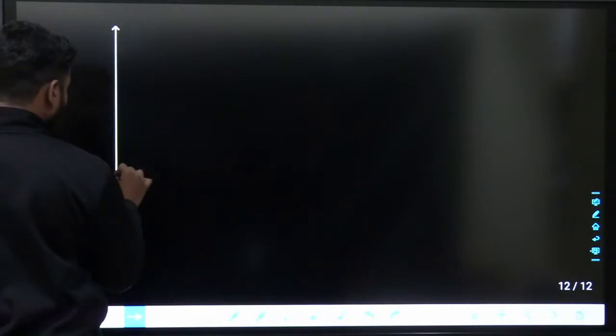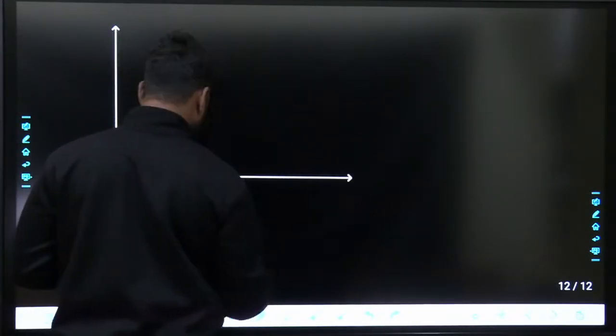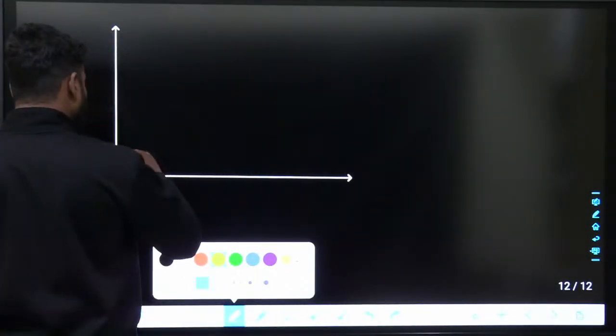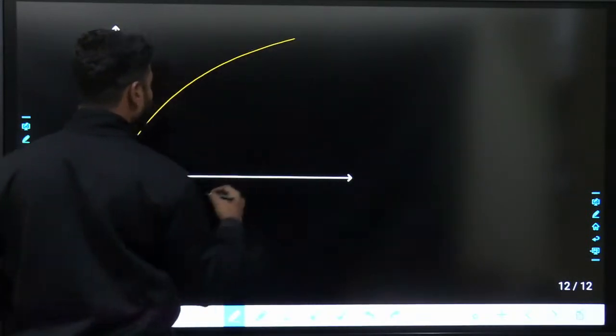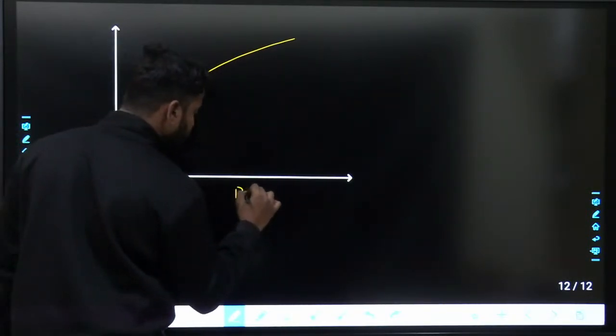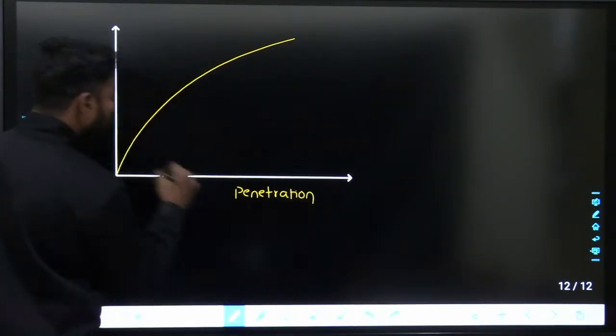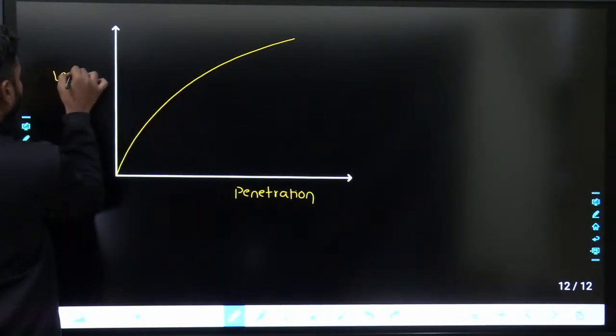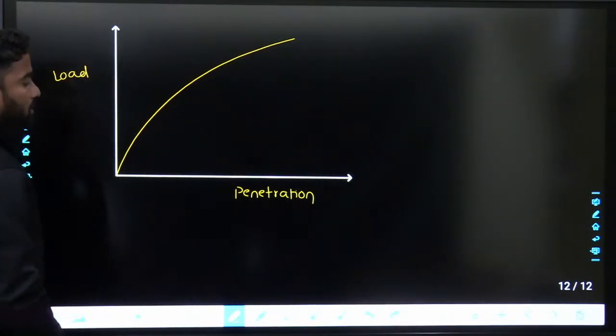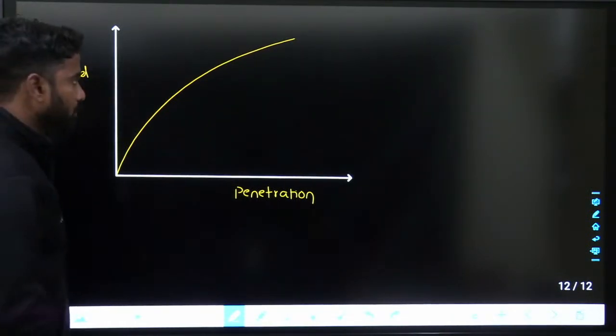A graph is drawn between penetration and load. Fine.